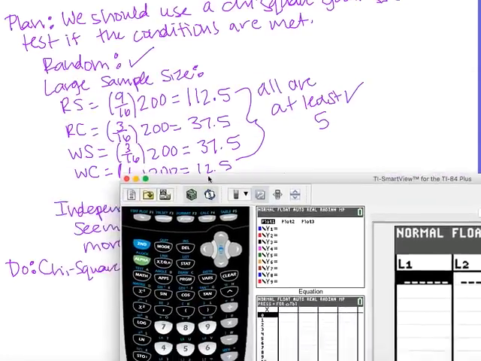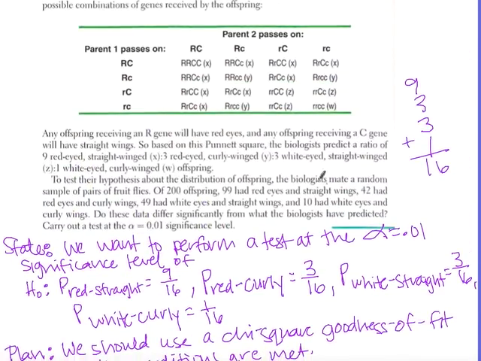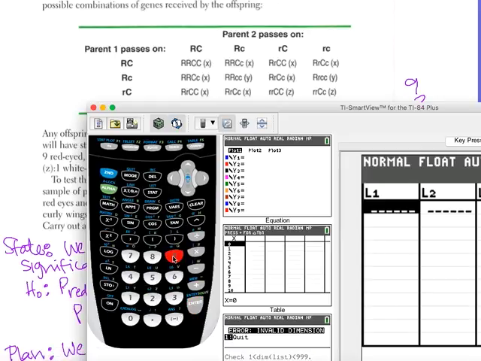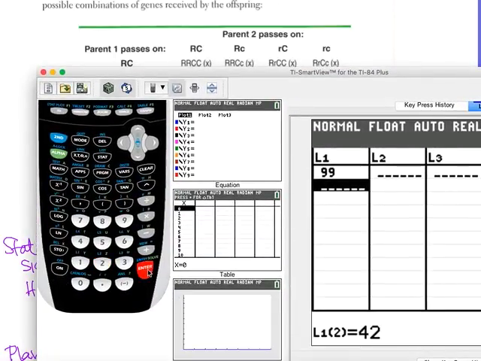So our observed would come from here in this last little paragraph. So we had 99 red-eyed and straight-winged. We had 42 red-eyed and curly-winged. We had 49 white-eyed and straight-winged. And then we had 10 white-eyed and curly-winged.